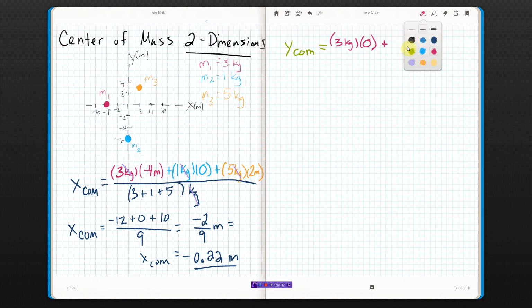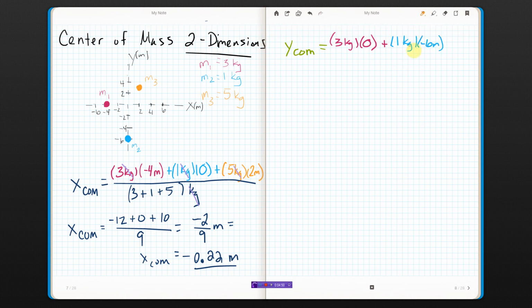Plus, the mass of m2 times the y coordinate of m2. The y coordinate of m2 is -6 meters. I'm going to run out of room here.